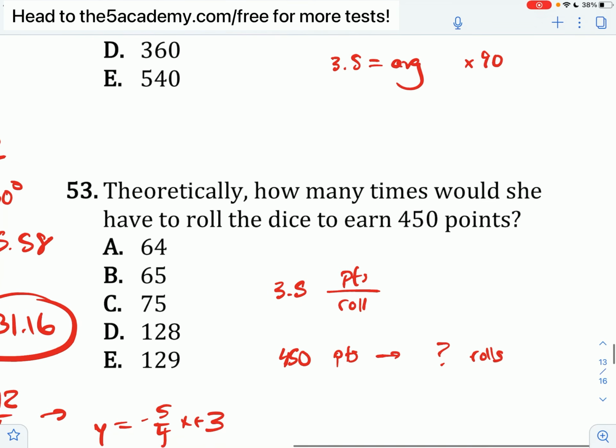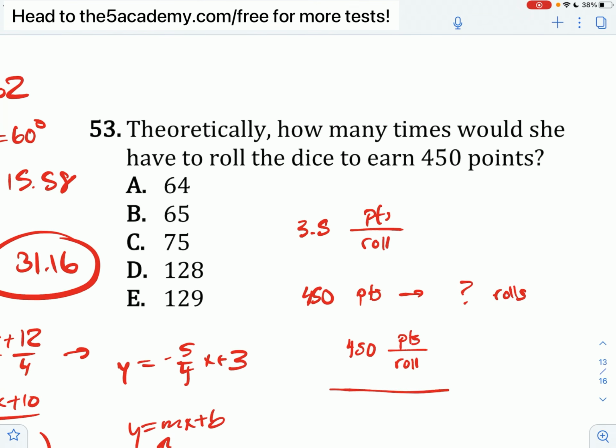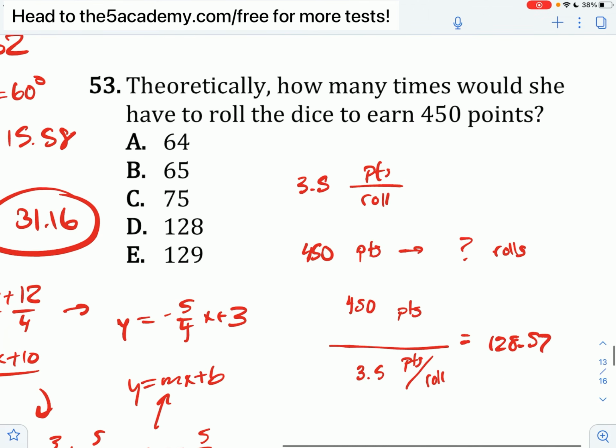So 450 points divided by 3.5 points per roll. I end up getting 128.57. So we end up in this weird scenario, like, is it 128 or 129?